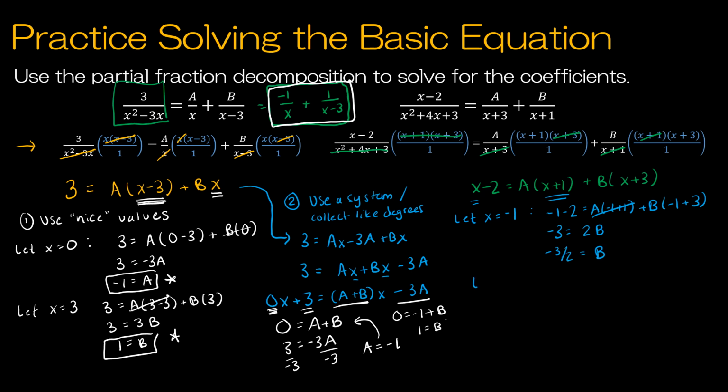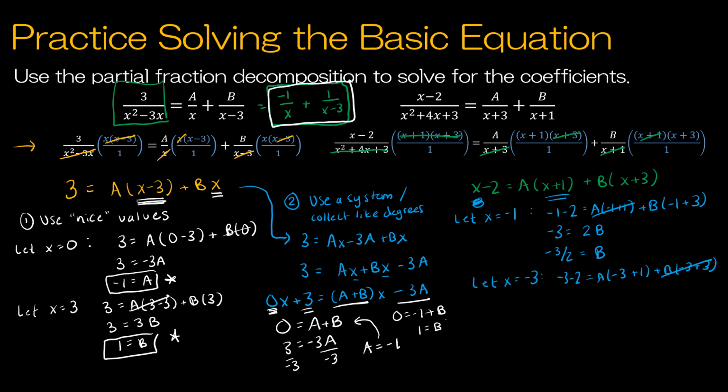And then I would let x equal -3. And again, don't forget to include it right here with this x. So -3 minus 2 equals a times -3 plus 1 plus b times -3 plus 3.